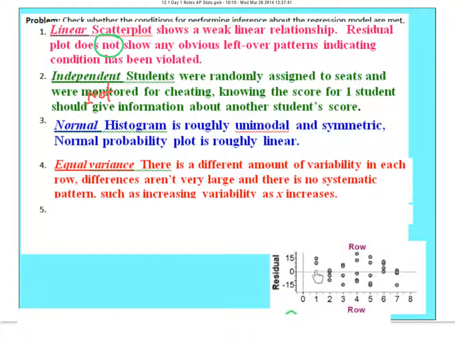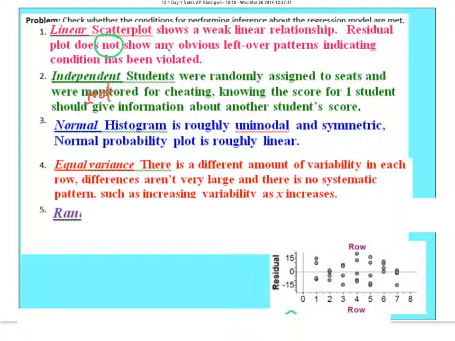If we look at row 1, we see high variability and low. In row 2, we have low and high. In row 3, a low and a high. We're kind of seeing equal distance in the scatter. It's not exactly the same, but for every x element, we're seeing a nice amount of equal variance happening amongst the residuals.